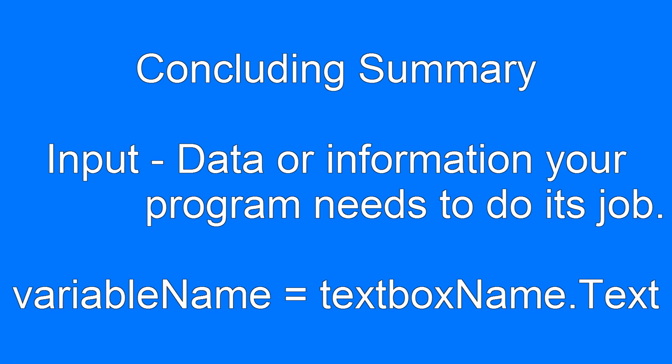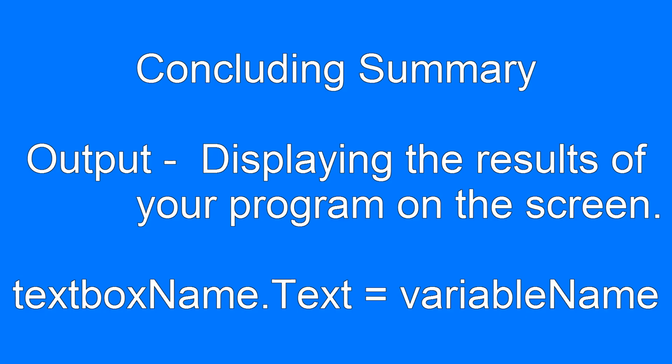So let's review. Input is data or information your program needs to do its job, and the general format for input code is variable name equals textbox name.text. Output is displaying the results of your program on screen. The general format for output code is textbox name.text equals variable name.